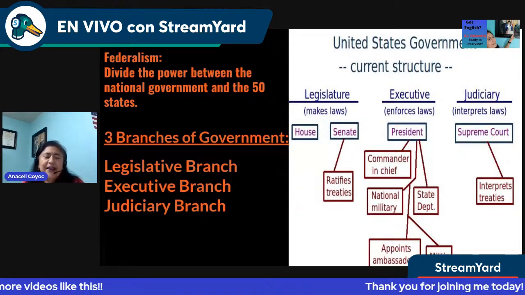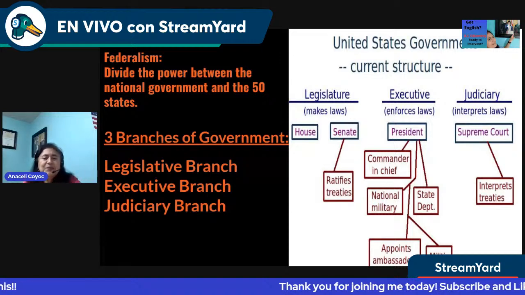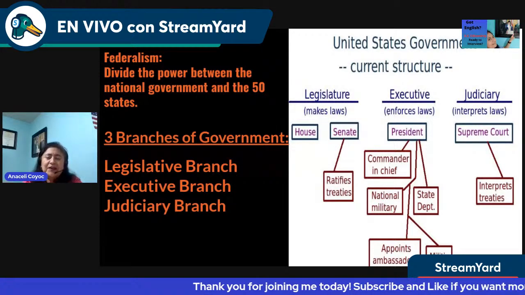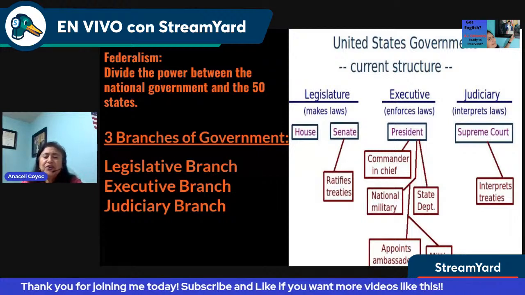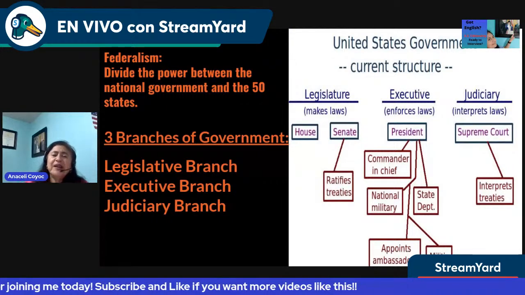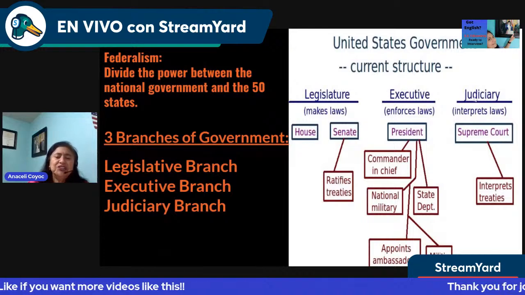This question I added, and I added a specific example here, a graph, to show you the 3 different branches of government: the legislative, the executive, and judiciary branch.